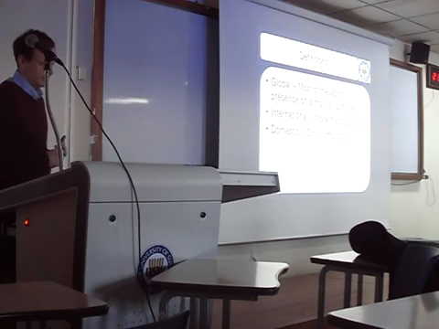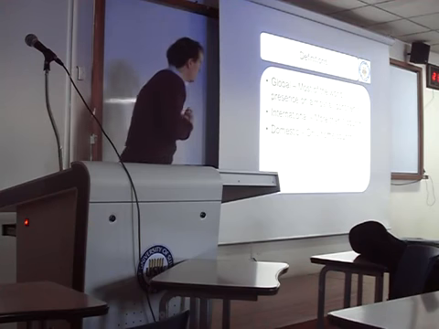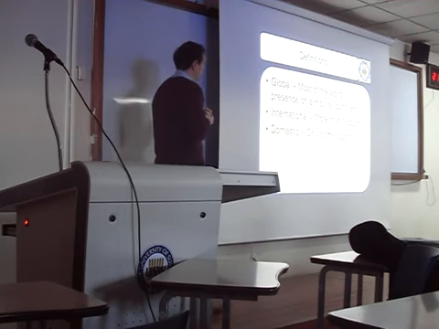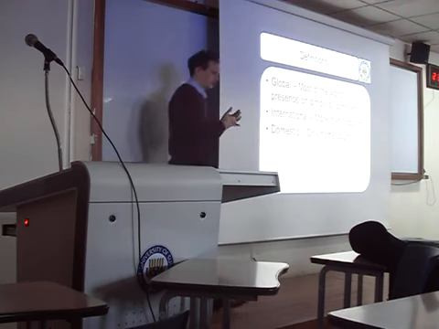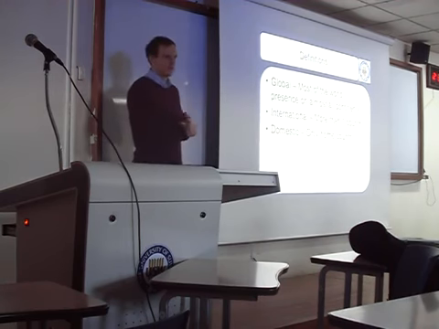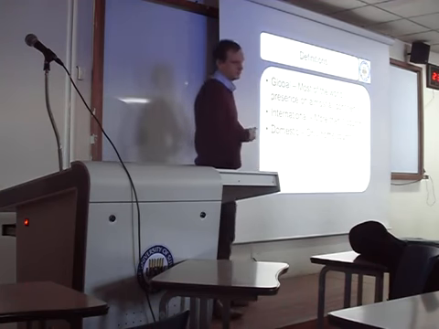So let's start with some definitions. You can see global marketing and international marketing. Global means most of the world, like Africa, Europe, America, okay? International means just more than one country.